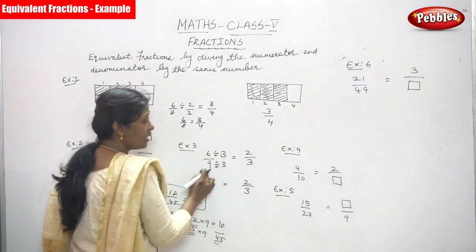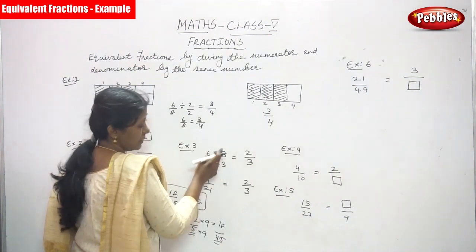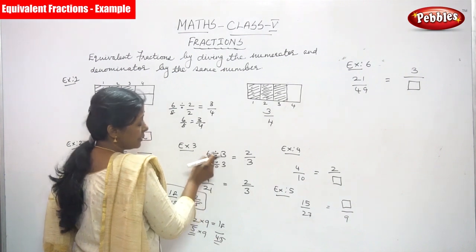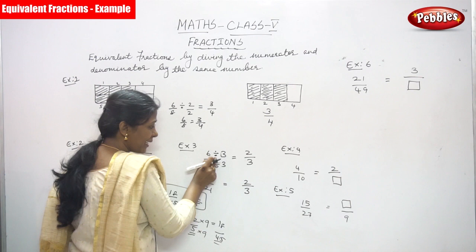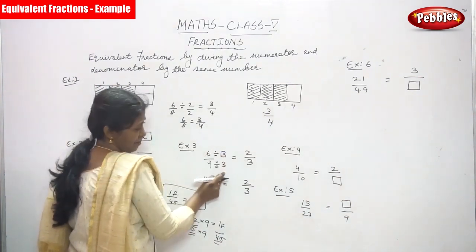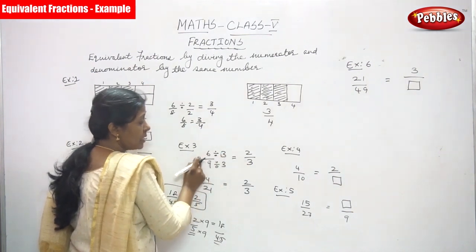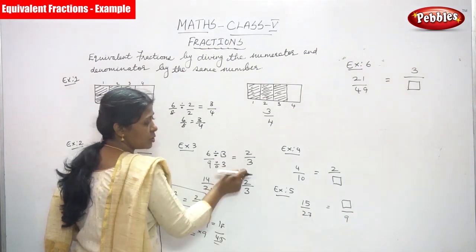For 6 by 9, you have to divide by the same number. That means an equivalent fraction means dividing the numerator, 6, and the denominator by the same number. I have taken 3, so 6 is divided by 3 and 9 is divided by 3, so you can get 2 by 3.